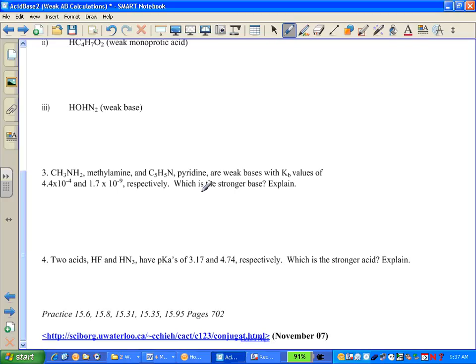So when we're looking at the K value, the larger K results from a stronger acid or base. So in this case, the stronger base is therefore methylamine, or CH3NH2.